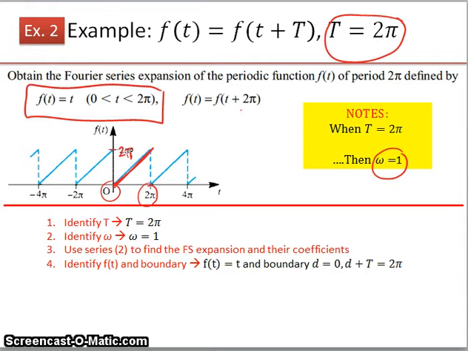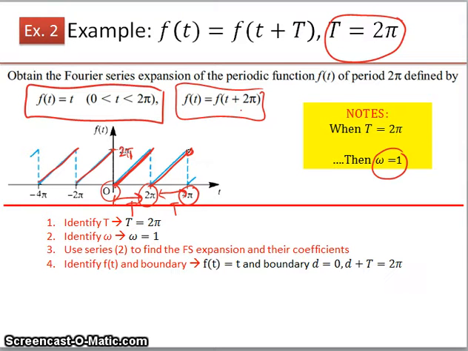But if I know f(t) equals f(t plus 2 pi), it will allow me to repeat the same pattern to the rest of the graph with the same period. So if t equals 2 pi here, then I should have 4 pi at the end of this point. So this is how we sketch the graph.